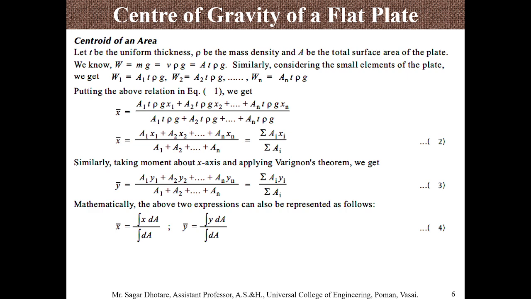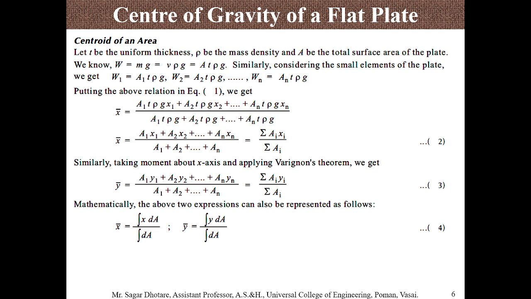By putting the value of W into the previous equation of x bar, we get a simple equation: the x coordinate of the centroid is equal to the summation of all the areas into their distances, divided by the summation of area. This is along the y-axis.